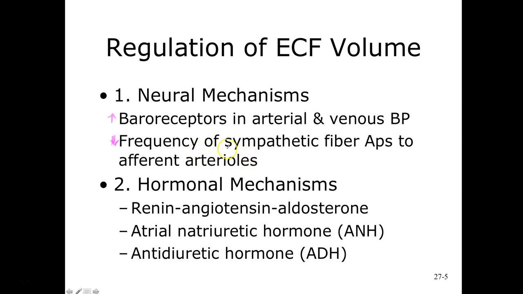And so what that would cause is a dilation of these afferent arterioles. What happens when we dilate arterioles? It means that we get more blood moving through, right?